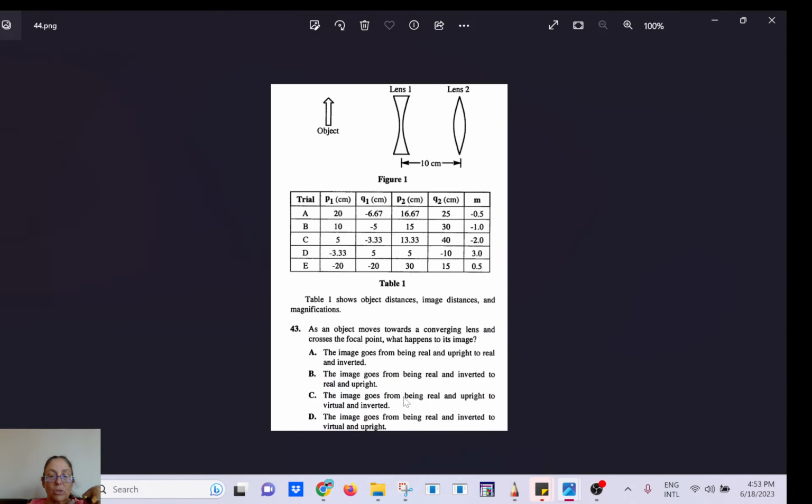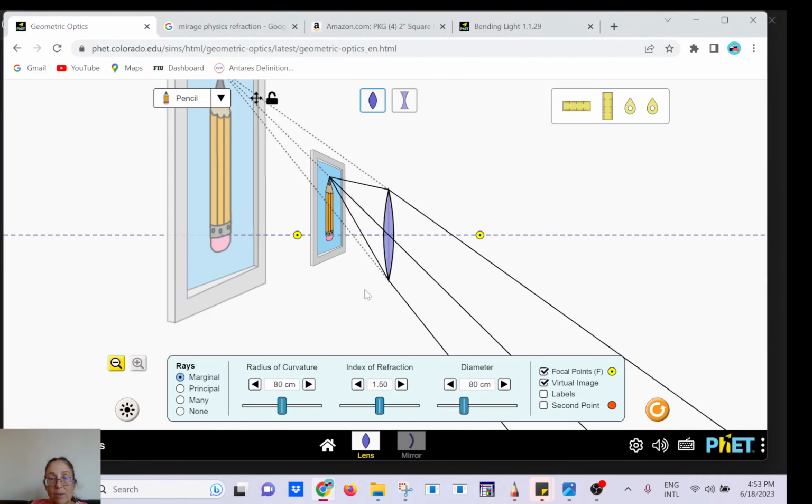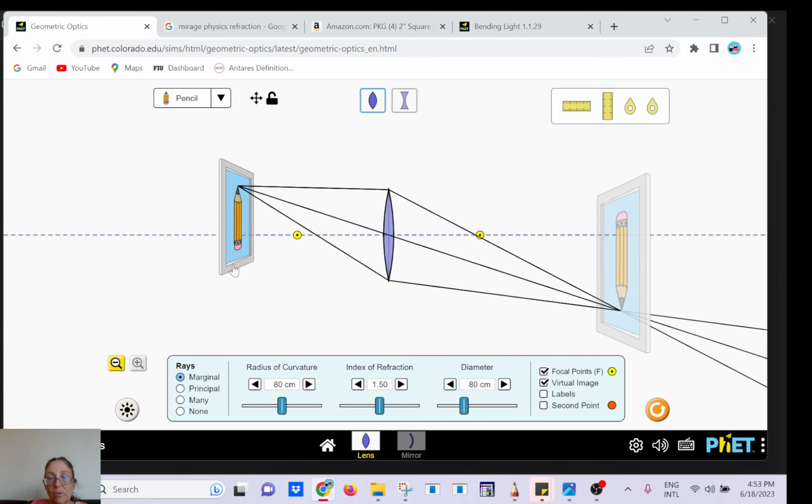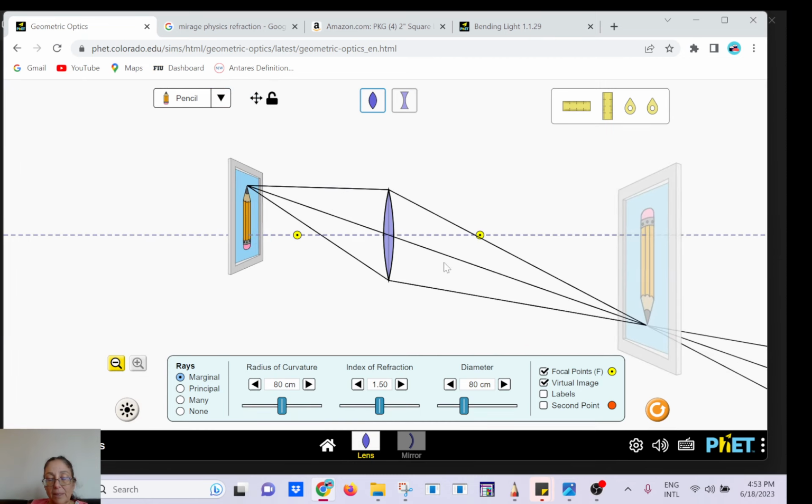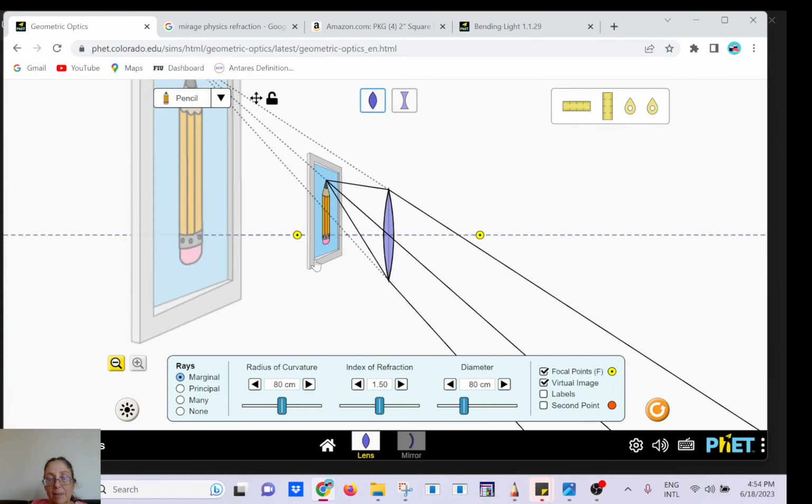So which answer is that? It was real before entering that zone. Before entering that zone, you see it was real and upside down, and now it's virtual and upright.